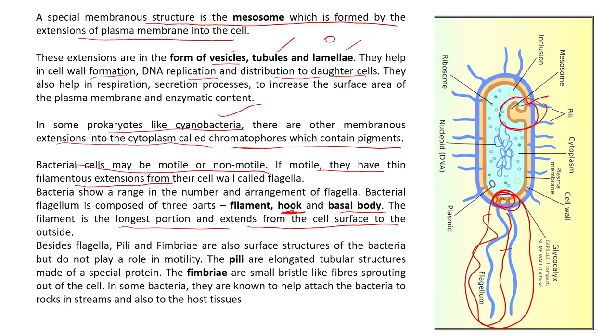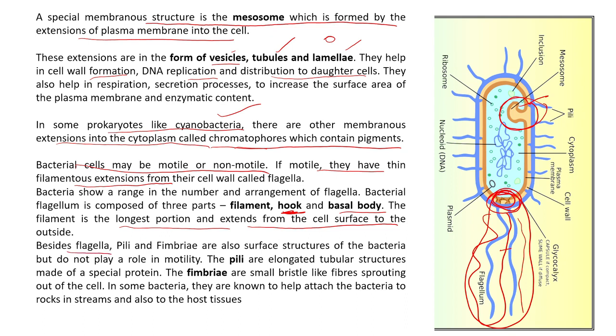So now we are studying the tail of bacteria. The tail helps in motility, and this tail, called flagella as a complete body, has three components: the filament, which is this long portion, the hook, by which it is attached to the cell, and a basal body.